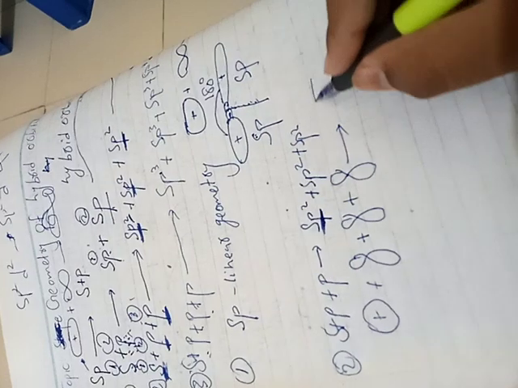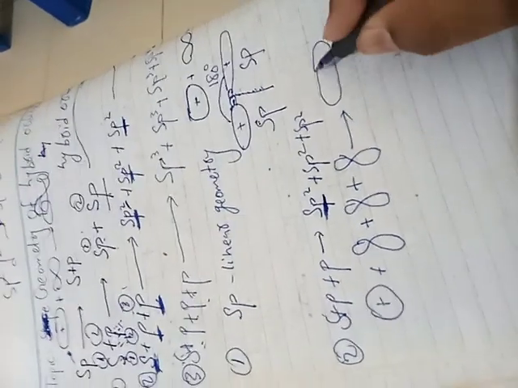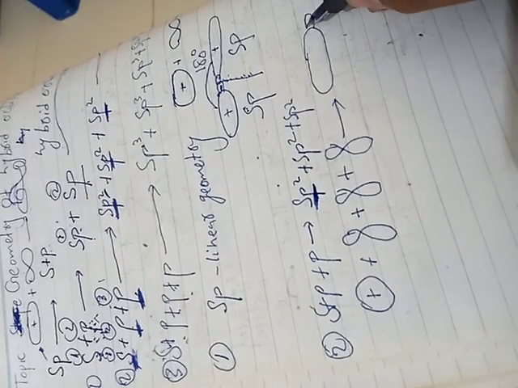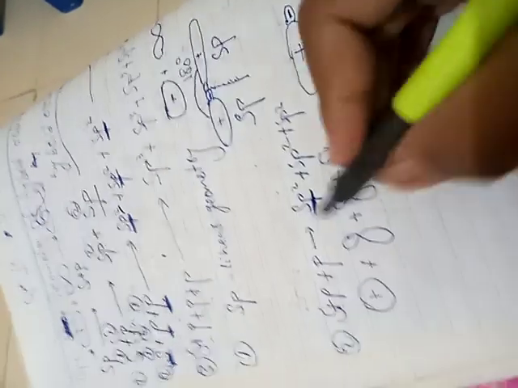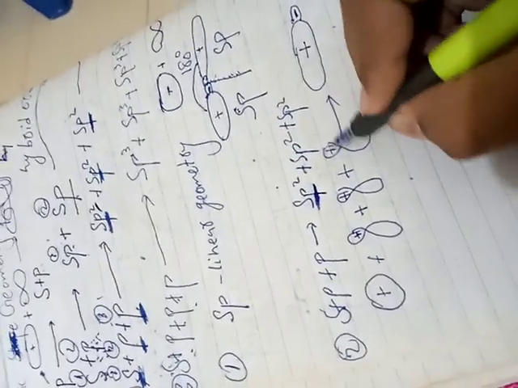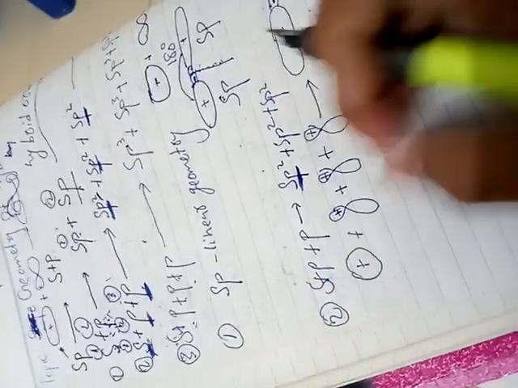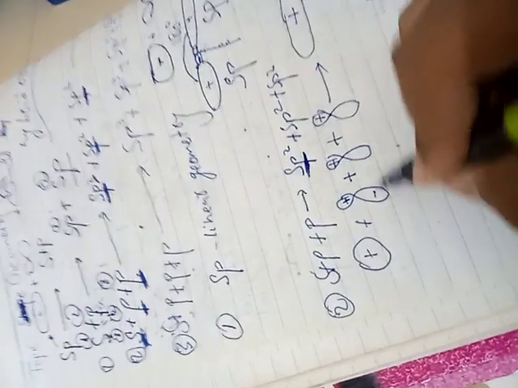For example, the whole will contain the positive charge and the smaller will contain the negative charge. Okay, so this is the structure of only one sp². All the positive side will be on one side and all the negative side on the other side.